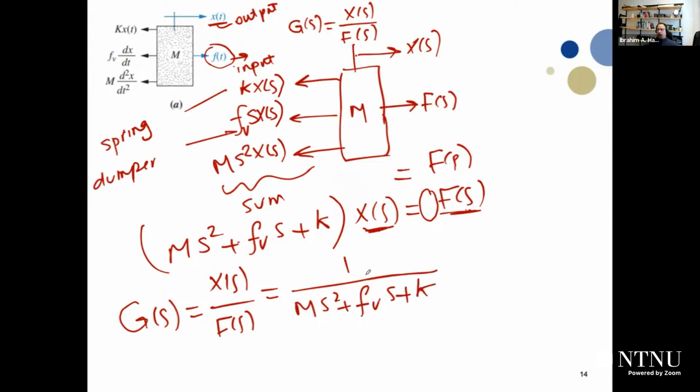So now we are solving it. Now we have the transfer function of our simple system.